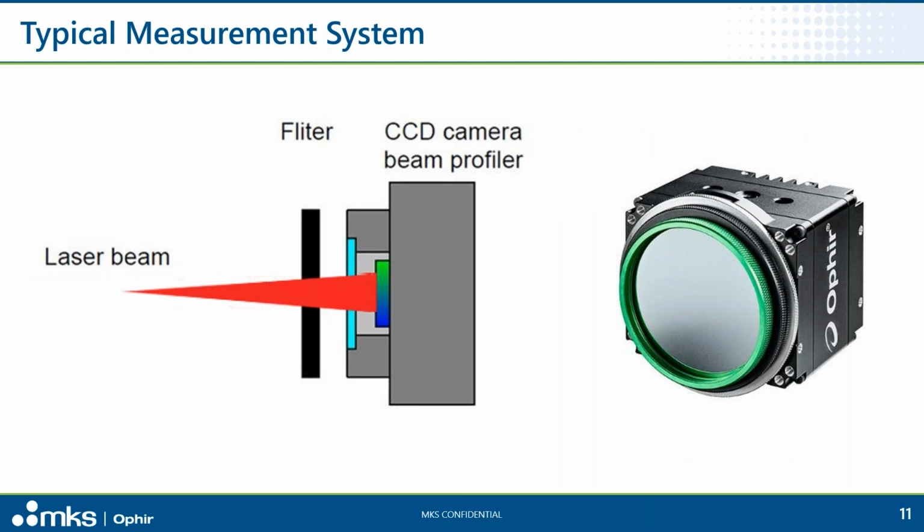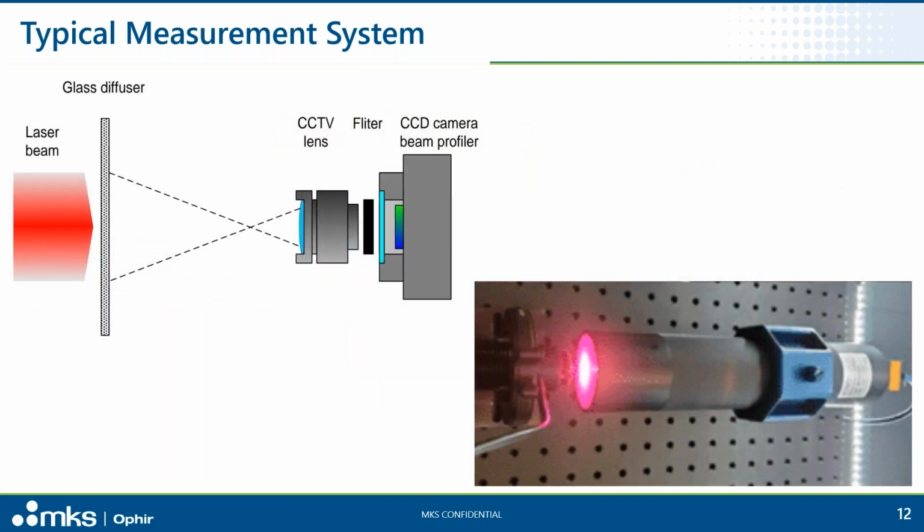A typical measurement system could include a large format camera, such as this CCD camera, spatial light analysis system where the divergent beam is shone directly onto the camera sensor. Another typical measurement system is where, as I mentioned, the light is impinged on a diffuser or target screen.